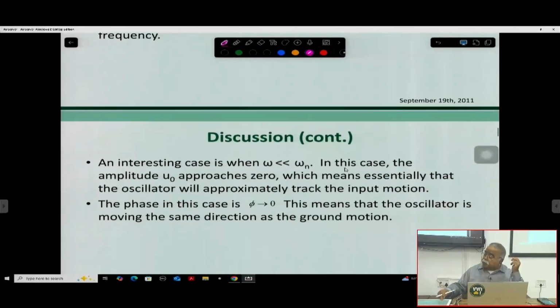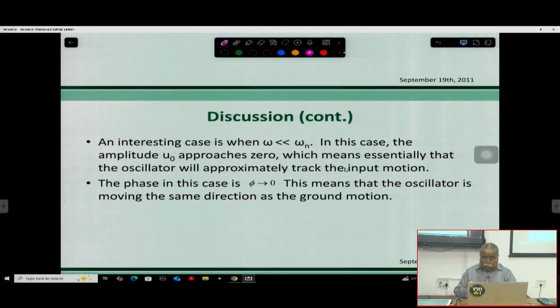Now, an interesting case is this: if omega is very, very less than omega n, so that means the natural frequency of the building is very high and the ground vibrating frequency is very low. Right?